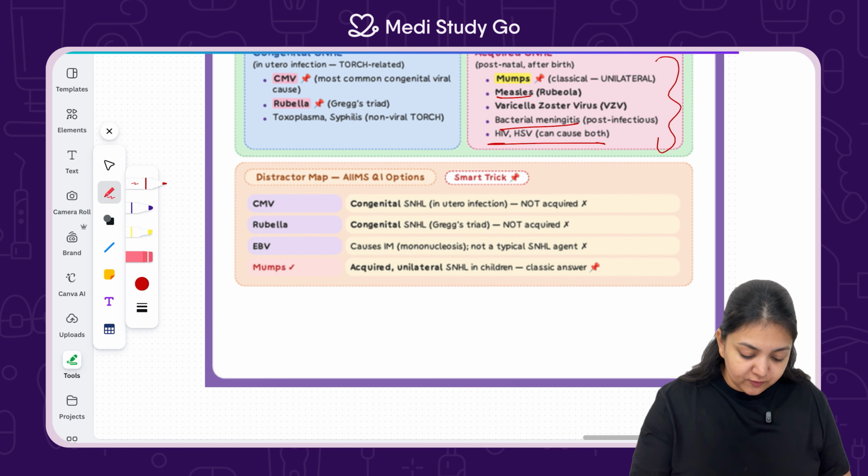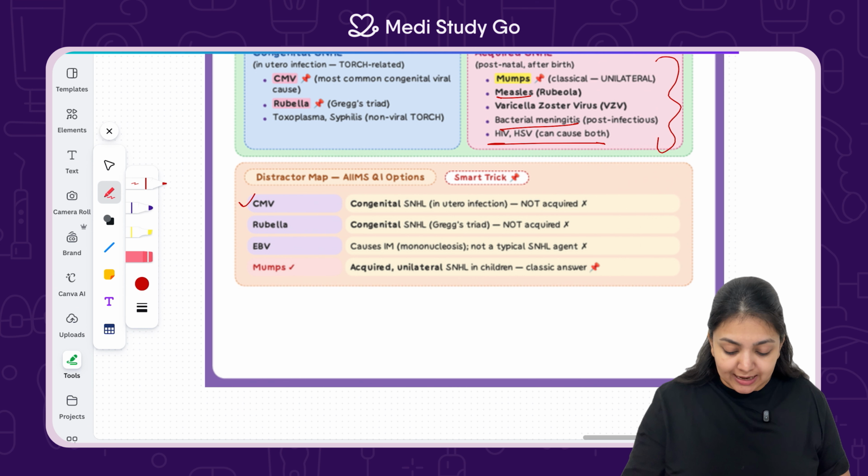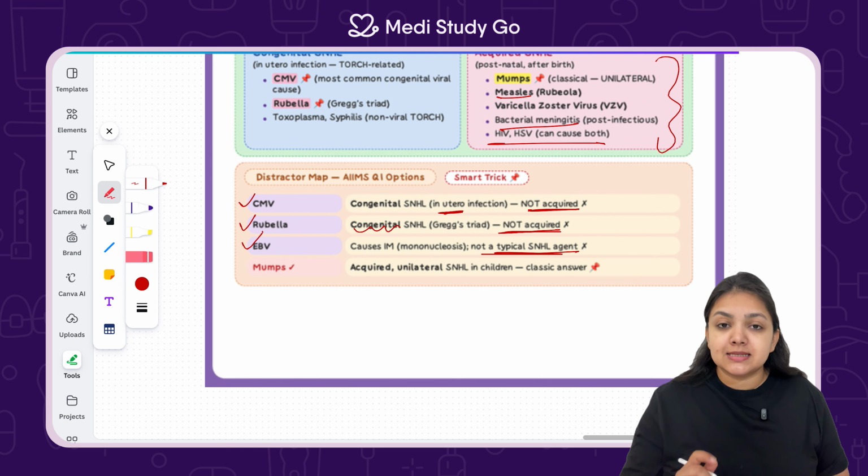For example, CMV also has hearing loss, but that is not acquired. It is an in utero infection. Then rubella also has hearing loss, but again, it is not acquired. It is congenital. EBV infection also has hearing loss, but it is not a single-sided hearing loss as typical to mumps. And lastly, mumps is acquired unilateral hearing loss in children, which is the classic answer for this disease.